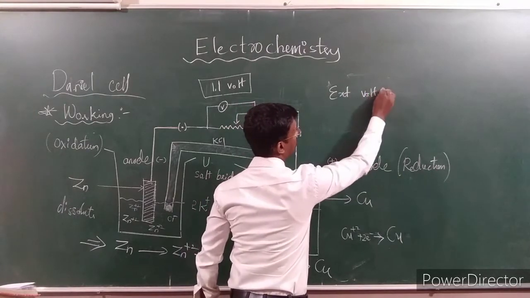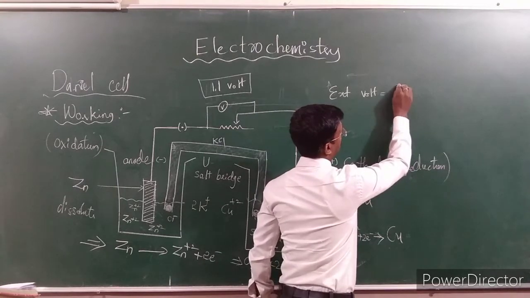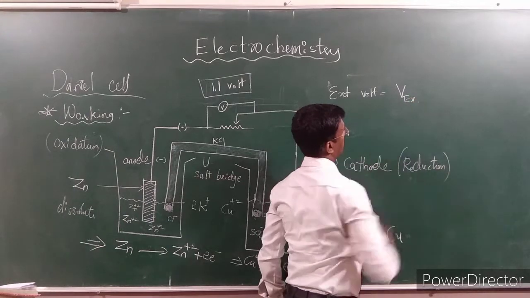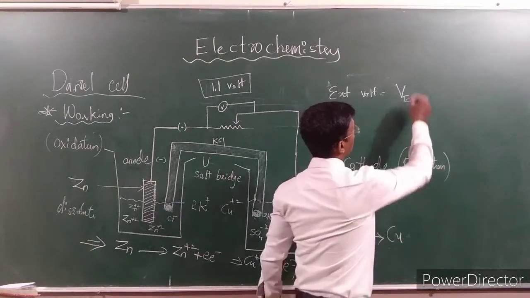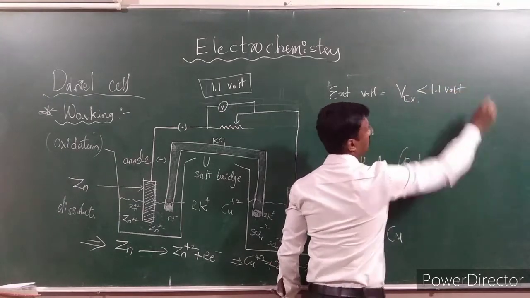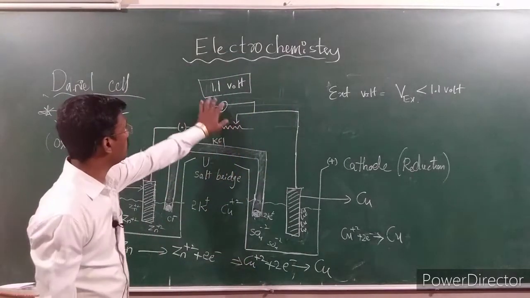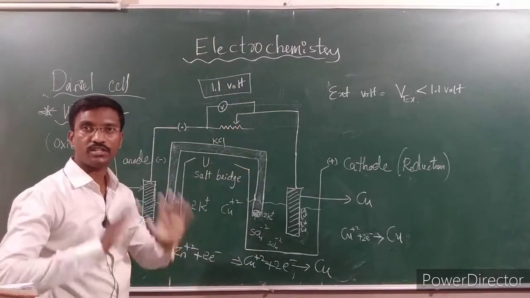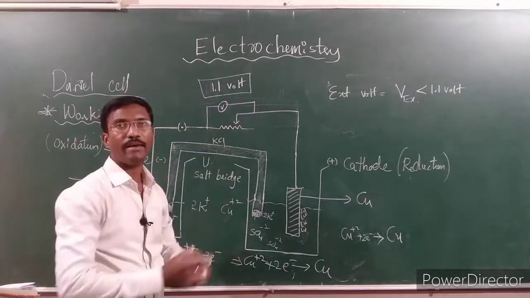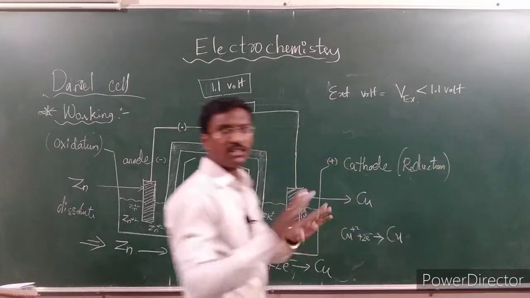If the applied external voltage is less than 1.1 volts, think that initially it has a fixed 1.1 volts. If we externally add some voltage with a battery and it is less than 1.1, then nothing will happen.